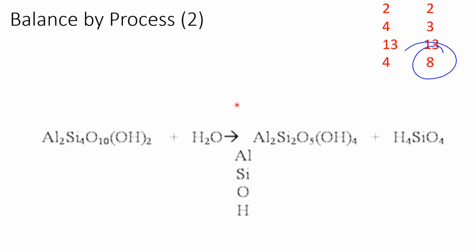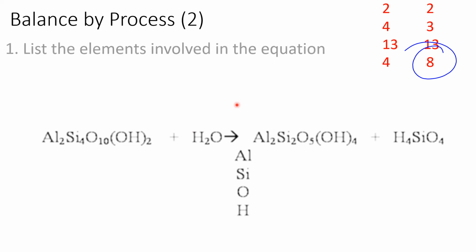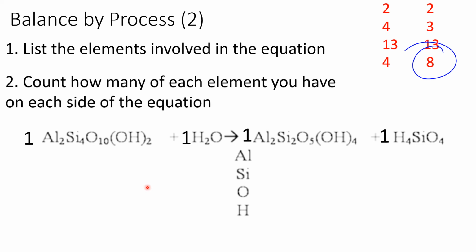So now we can start to, I made a step-by-step list here. We listed the elements, we did that, okay, and then we're going to put those coefficients in, okay, and then I want to count how many of each of those we have to start with, right? So we have 2 aluminums on the left, right here, right? We've got 4 silicons. Oh, I did the 2 aluminums on the right first, okay.